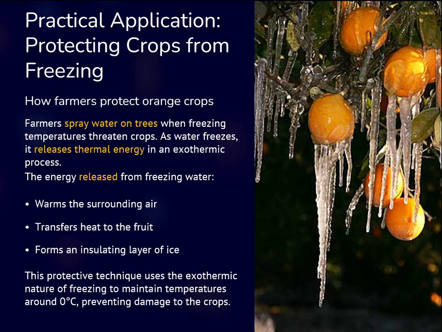Now let's apply this idea to a real-world example: agriculture. Farmers sometimes spray water onto citrus trees like oranges during freezing weather. Now that might seem strange. Why add water in cold weather? Here's why. As the water freezes, because it's cold weather, it releases energy in the form of heat. The heat is leaving the water as it turns to ice.